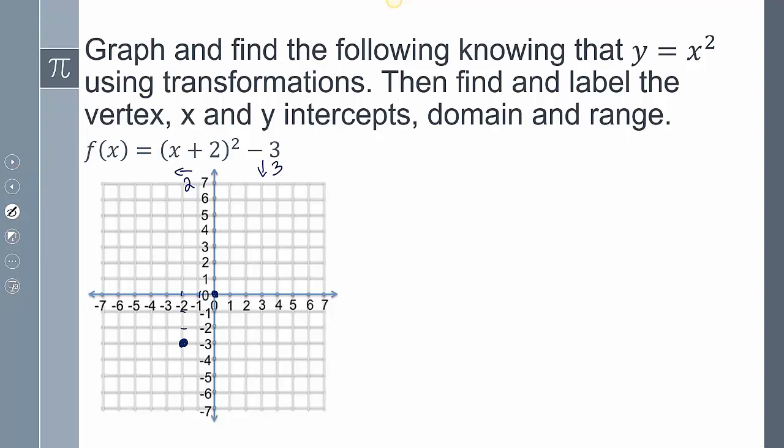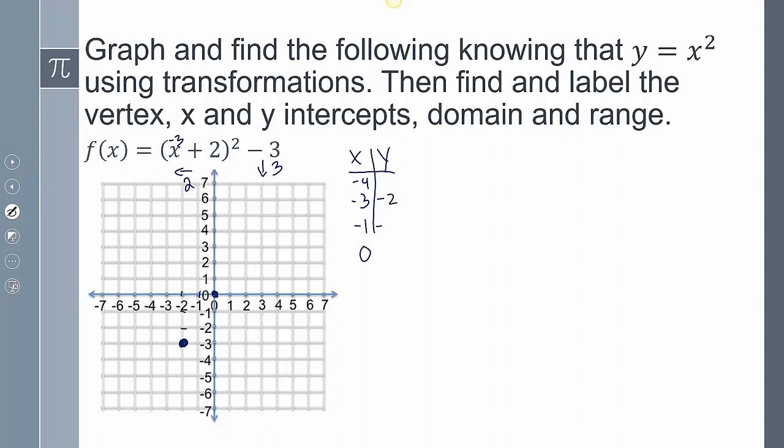So now I just need to pick values. So here's my table. If I pick like -3 and -4, you're going to see how they're going to match up for -1 and 0. So if I plug in -3, I get -1 squared. -1 squared is 1. 1 minus 3 is -2.